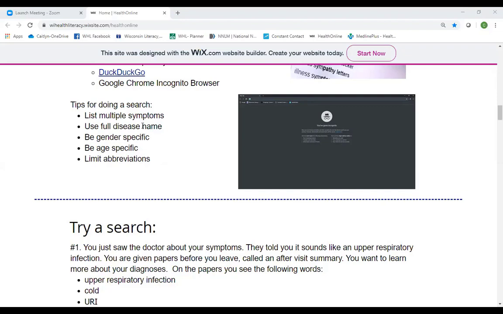If you were just to list, I have a fever, well, is that saying that it's because you have an infection, or is it because you have cancer? From one extreme to the next. So the more symptoms that you can put in there, the more narrowed results you're going to get. So these are the things we talk about in importance for doing a narrowed search.